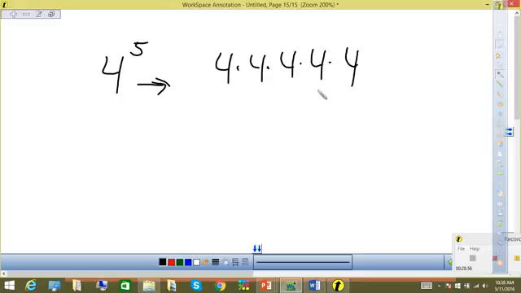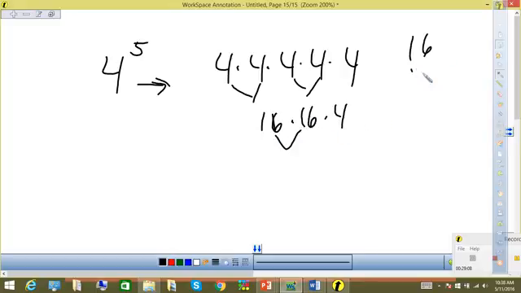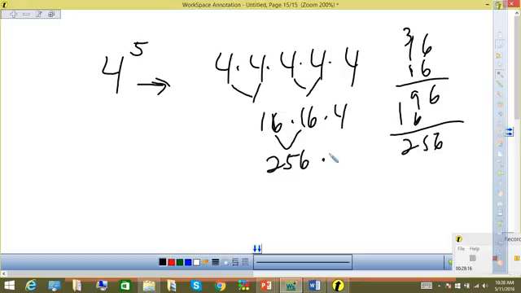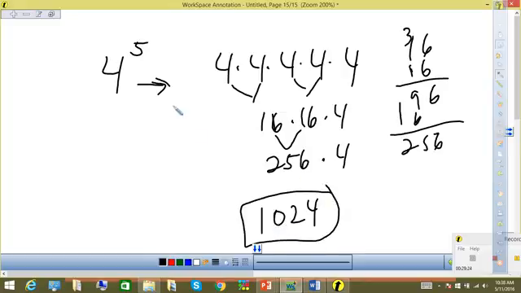So that means 16 times 16 times 4. 16 times 16 is 256, but then at the end times 4. So this is 1,024.